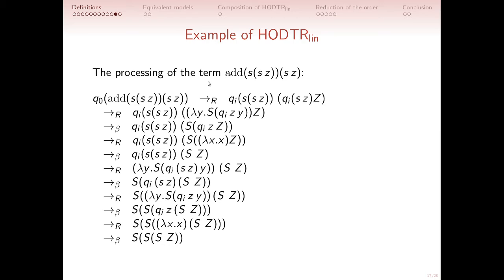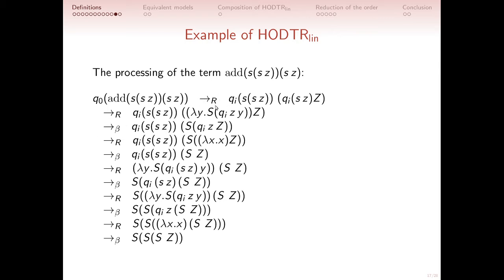this transducer works by reduction. So at each step you can reduce either by using a rule from the transducer or by using a beta reduction, which is available when you have lambda abstractions and application of those. The order in which you reduce is not important.